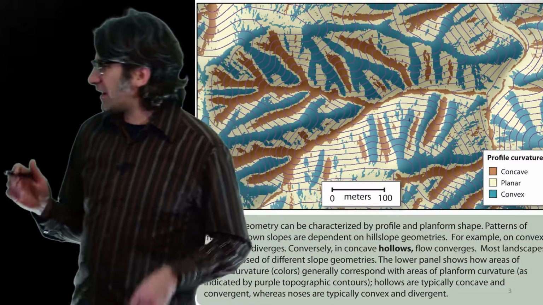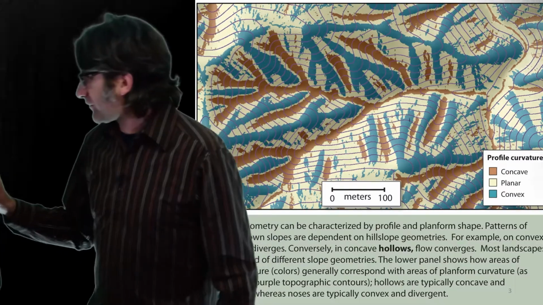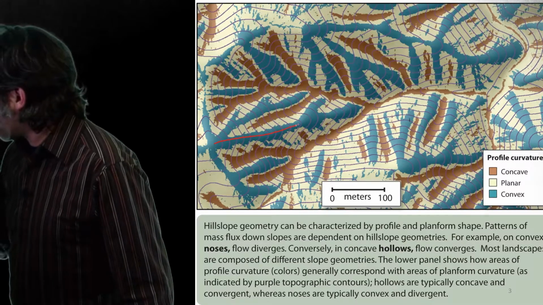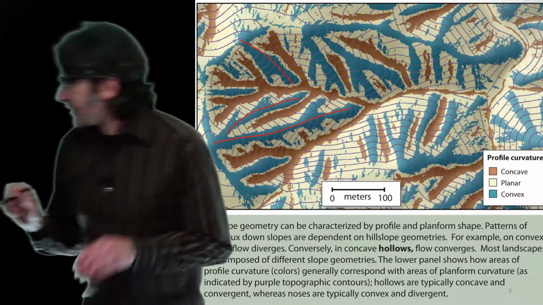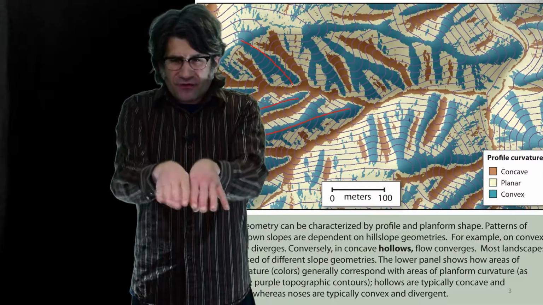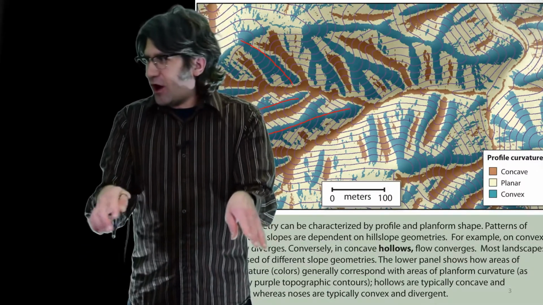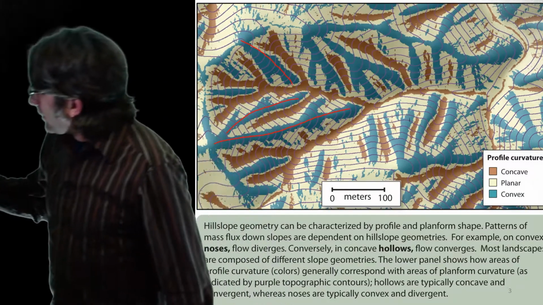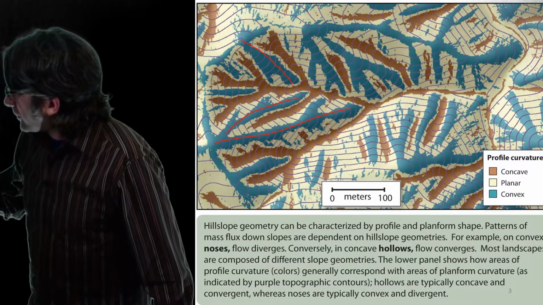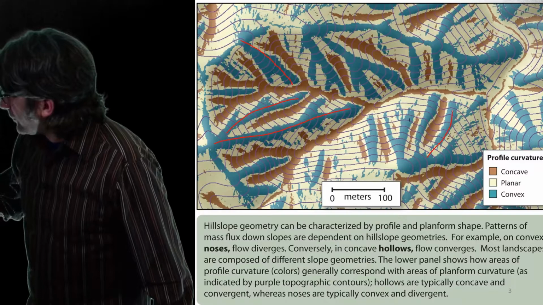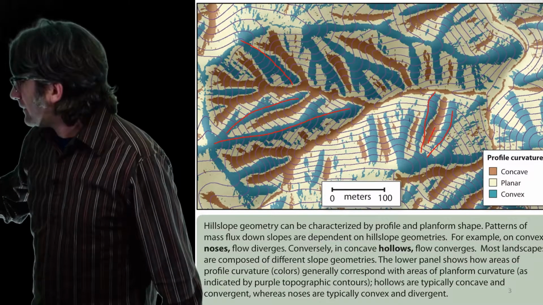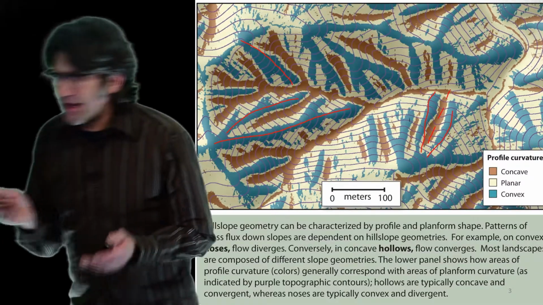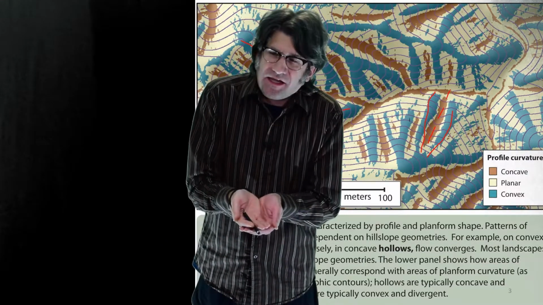Where we've got noses, the convex slopes, so here are some noses going down, those are going to be the divergent parts of the landscape where sediment is going to be moving off. And in between our noses, here's a nose here, here's a nose here, in between that is where we're going to have those hollows, our concave parts of the landscape.